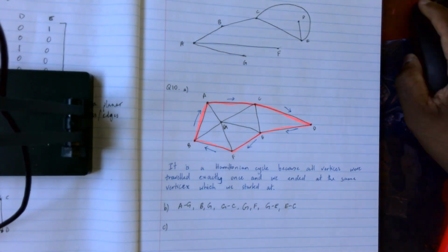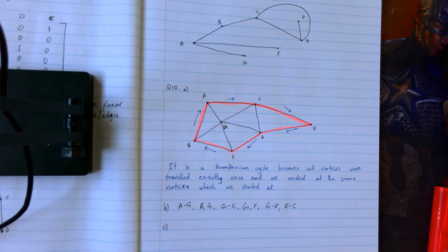So that means... Alright guys, I had to pause the video because I had to have another look at this because it didn't really make sense. But then I read the textbook again and it said a graph is Eulerian if each vertex has an even degree. So if every vertex has an even number of degrees, a graph is Eulerian.